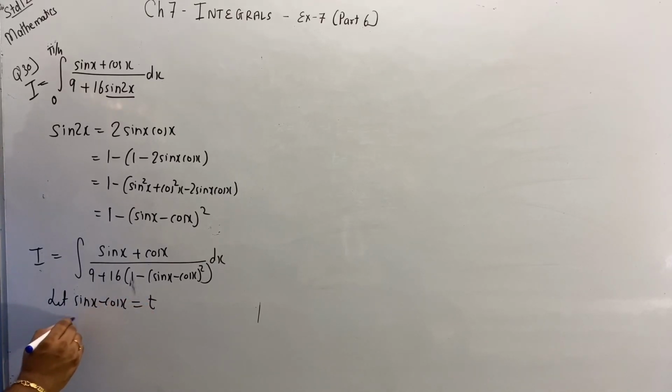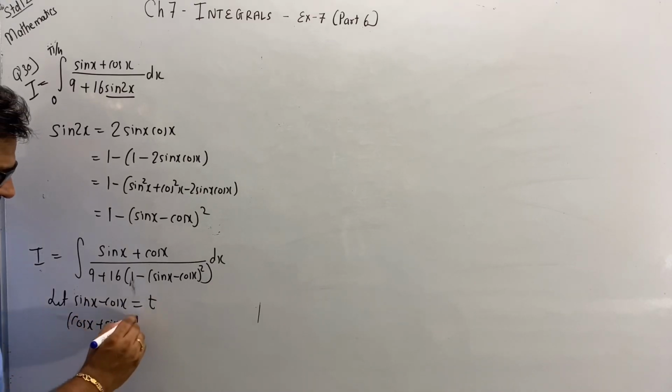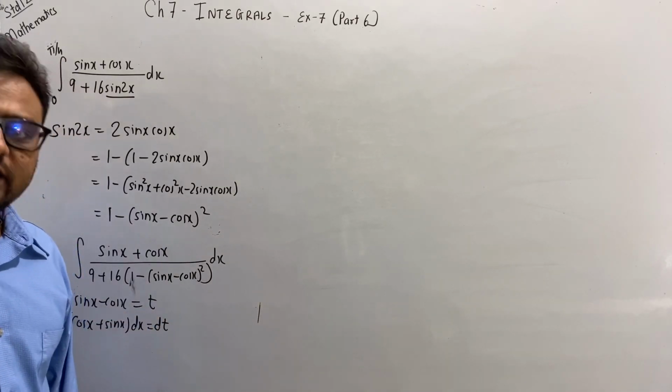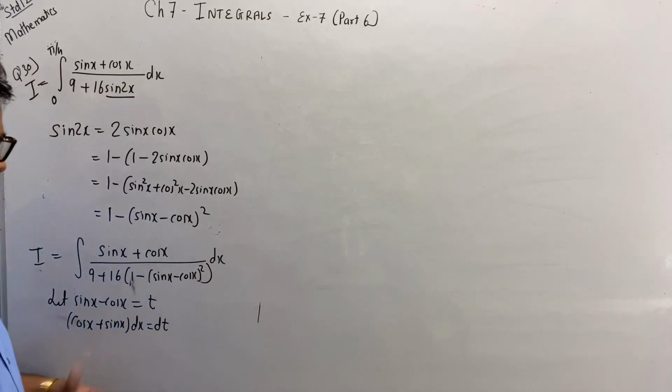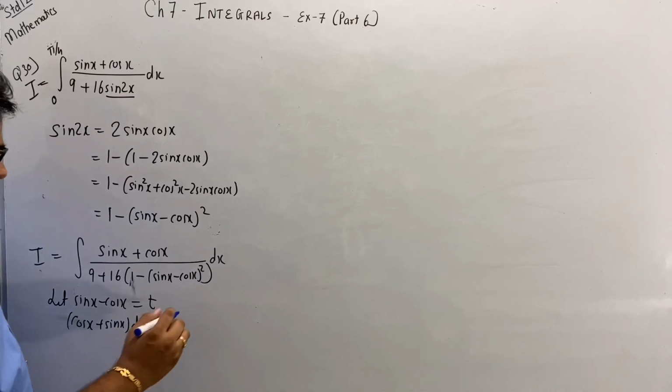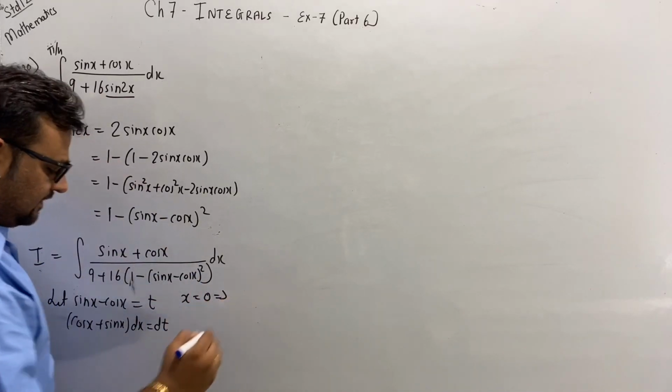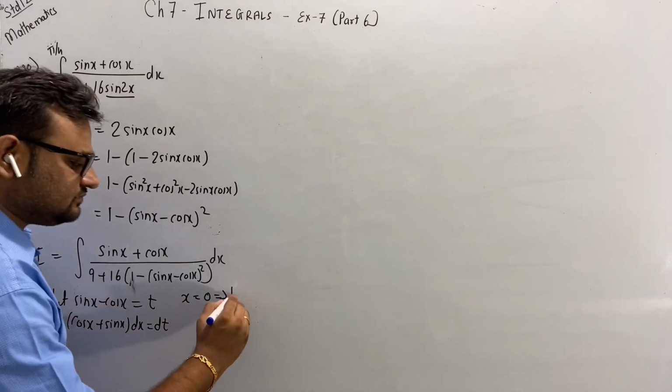So integration (cos x plus sin x) dx equal to dt. Clear? Now let's replace the values of the upper and lower limits. When x is equal to 0, then what is t?